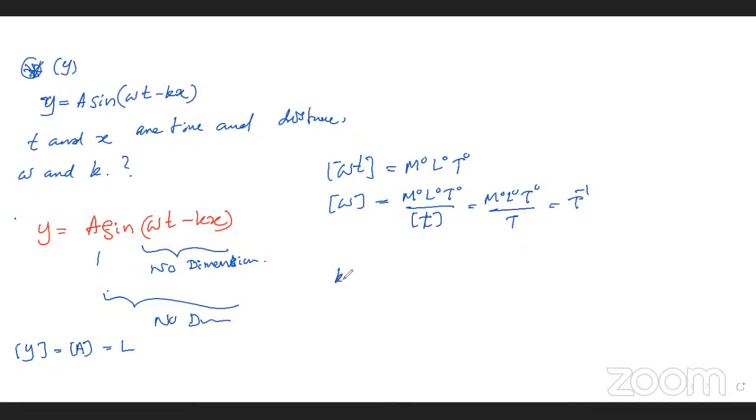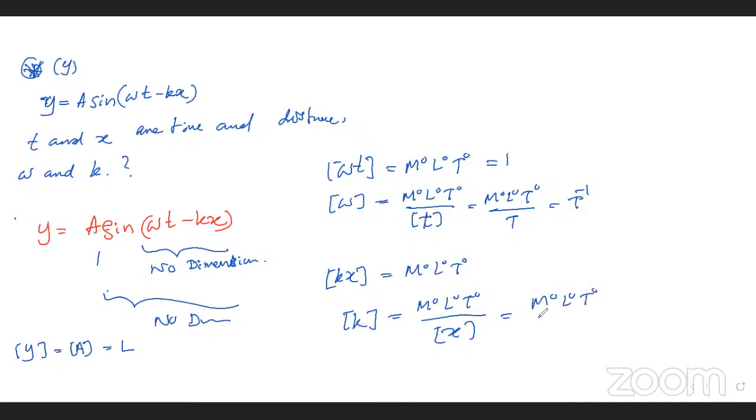Similarly, the term kx should have no dimension. So the dimension of k is equal to the reciprocal of x. x is a length, the distance.